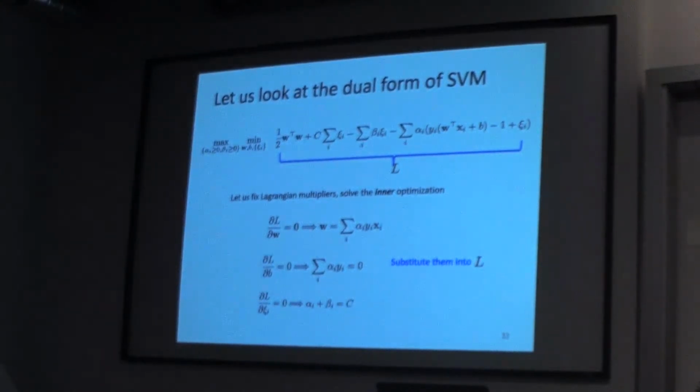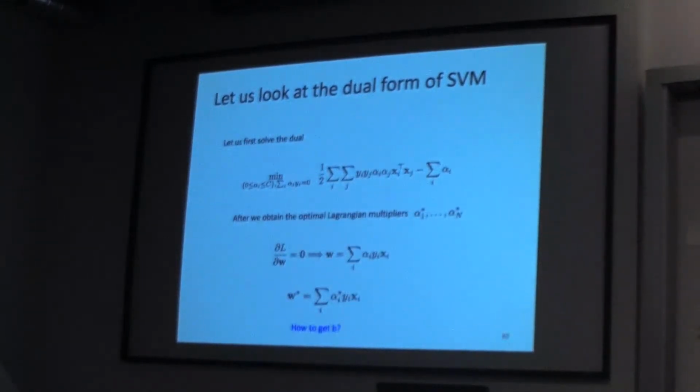Why? Because b is linear in this Lagrange function, so taking the gradient just makes the coefficient 0. There's no way for you to recover b from these equations. So how can you recover b?